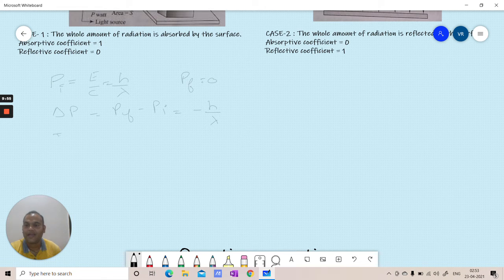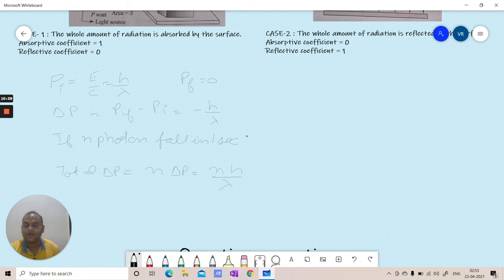So if n photons fall in 1 second, what happens? Total change in momentum, total delta P, is equal to n into delta P, which is equal to n into h by lambda.